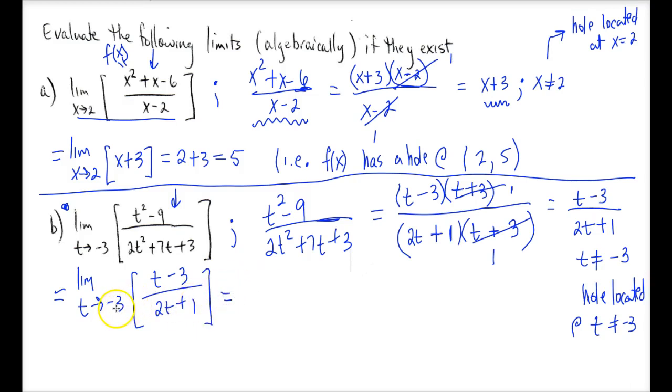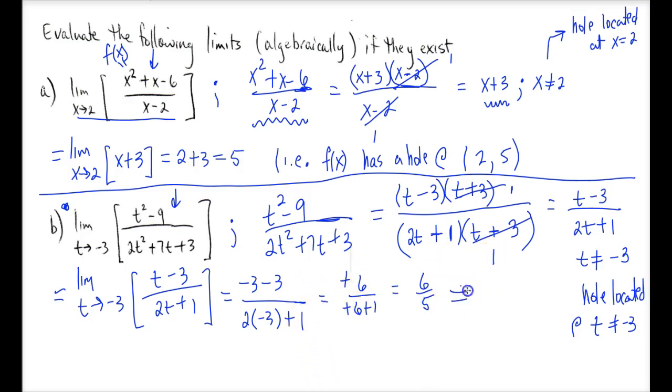And here we know that negative 3 is in the domain of this function, because if I plug in negative 3, the denominator is not going to be 0. So here I can use the direct substitution property and substitute that in directly. Then I'll get negative 6 in the numerator, and 2 times negative 3 is negative 6, plus 1 is negative 5, and that ends up being a positive 6/5 because negative divided by negative is a positive.